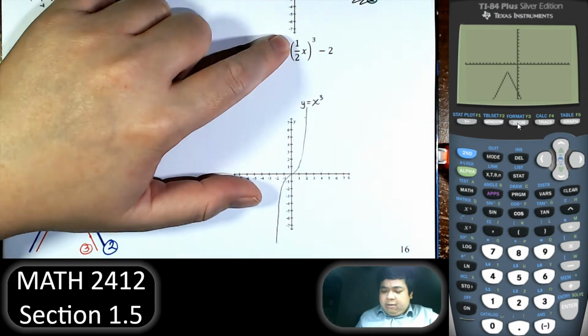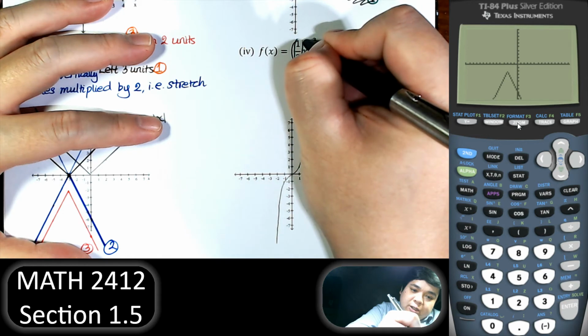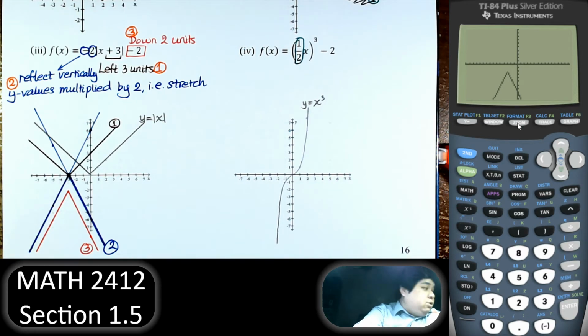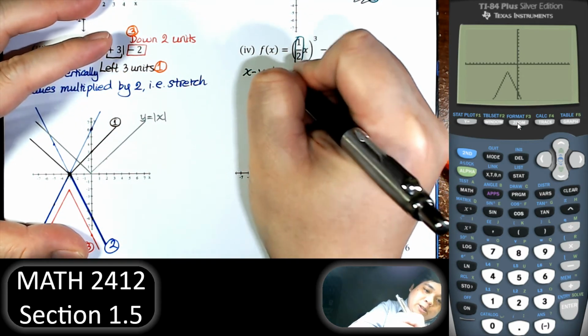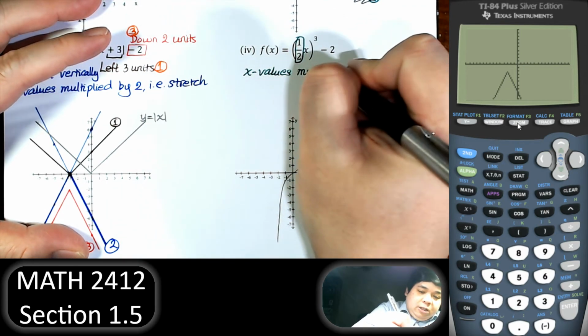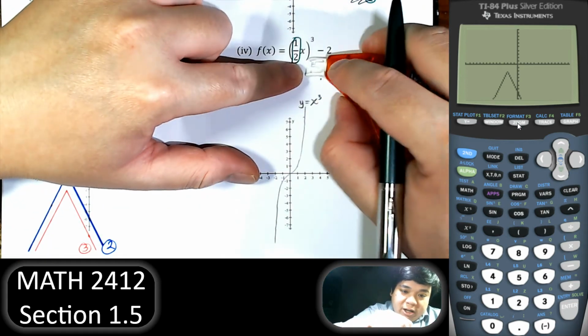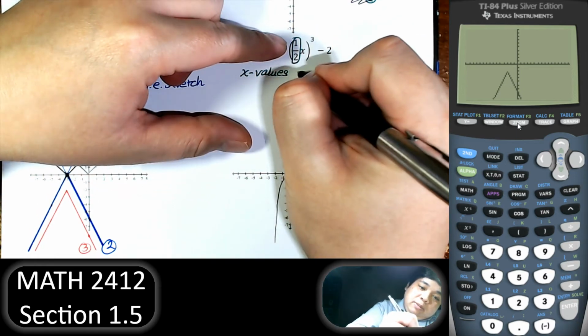Next we have 1/2. Now 1/2 is multiplied inside the cube. So inside the cube, the x values must be treated in the reverse manner. So instead of multiply by, it will be divide by.